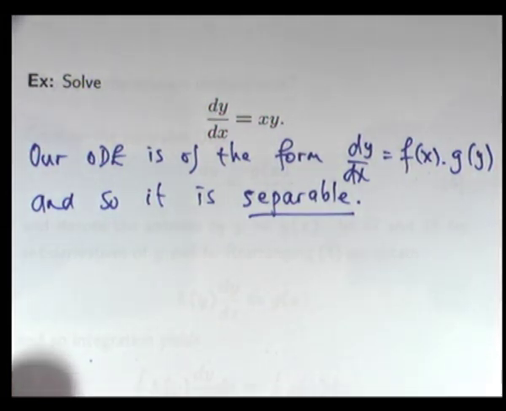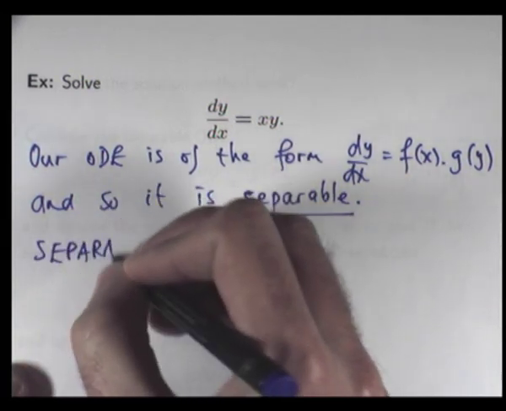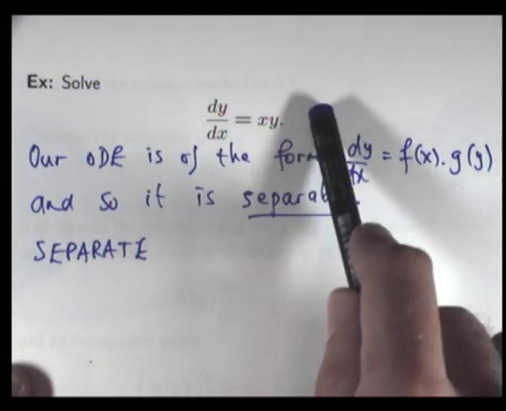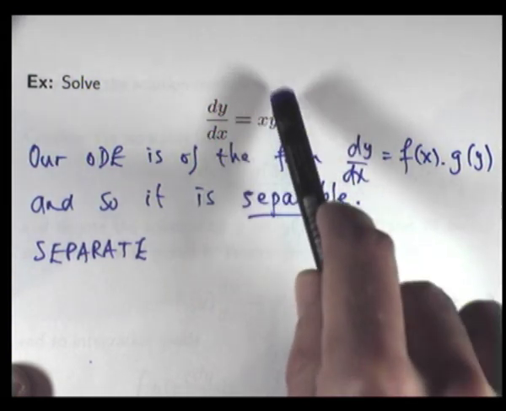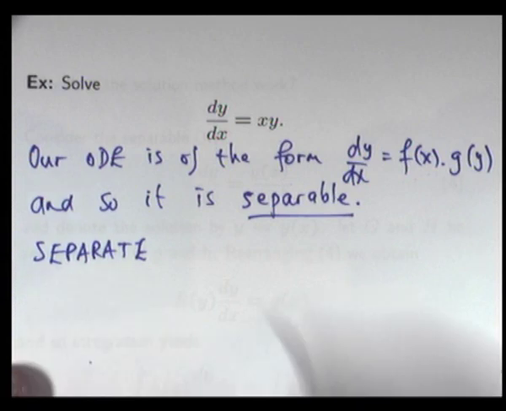Okay, we separate the variables in the following way. What I'm going to do here, I'm going to bring the dx up to the right-hand side and the y down the bottom to the left-hand side.